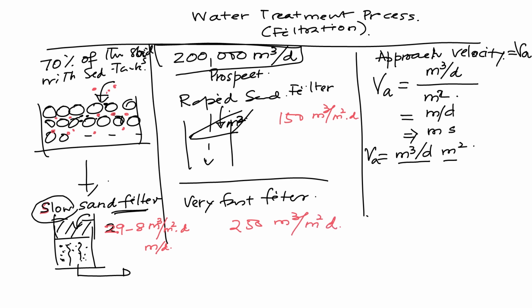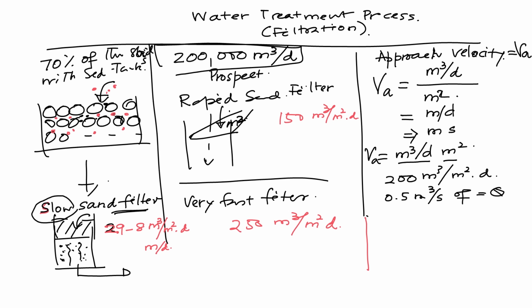Now in order to do this one, we use actually approach velocity, and then using this approach velocity you can design a filter unit. For example, let's take a simple example: I want to design a simple filter, and how that filter can be designed is, we are going to have 200 cubic meter per meter squared per day, and then I want to design something which treats 0.5 cubic meter per second of water.